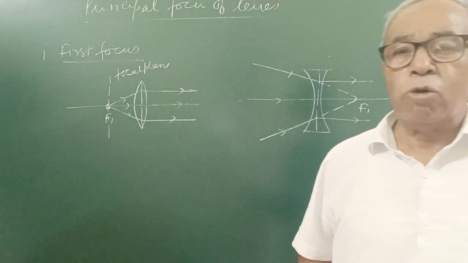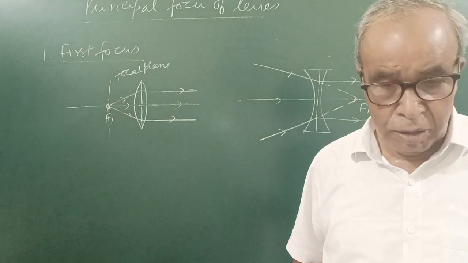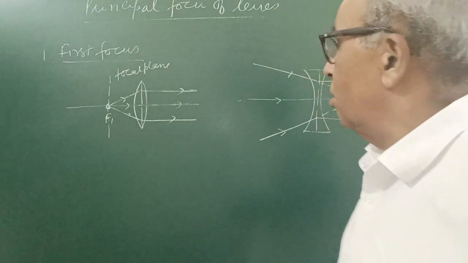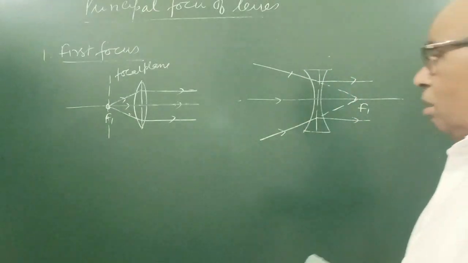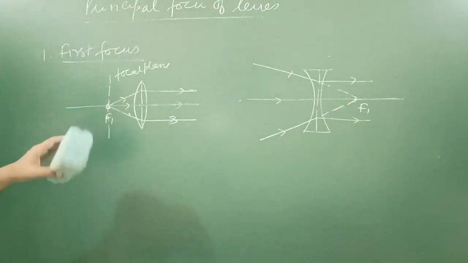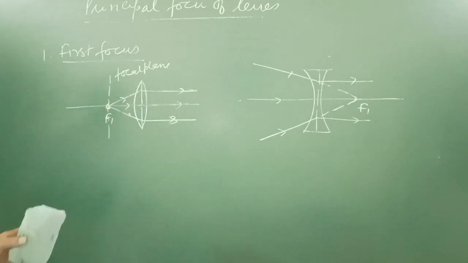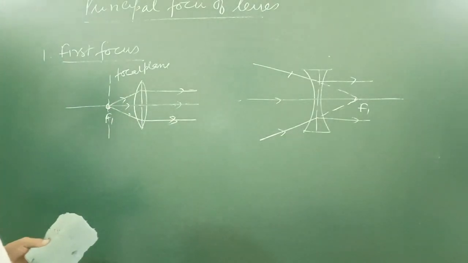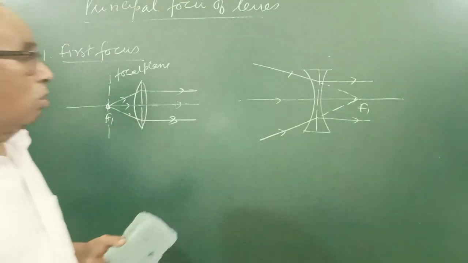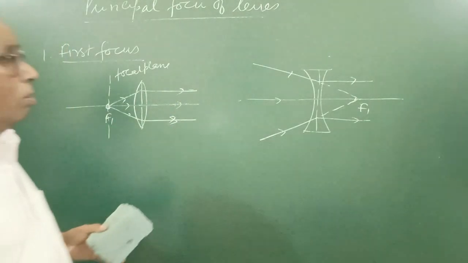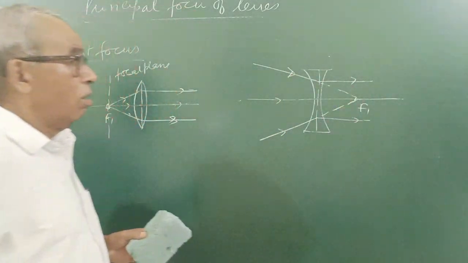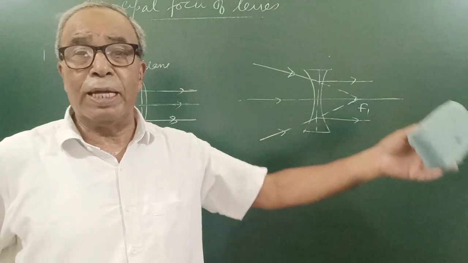There is a point on the principal axis of the lenses from which a diverging beam, in case of a convex lens, or a beam converging to it, after refraction becomes parallel to the principal axis.